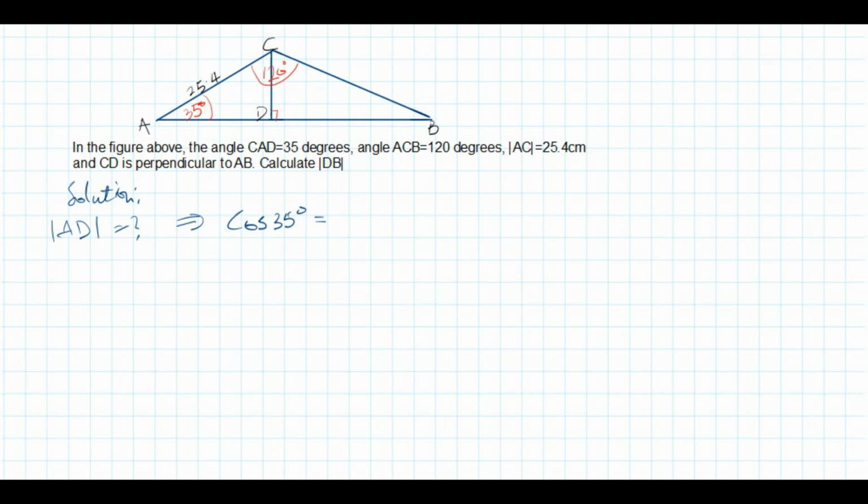Our adjacent AD, which is what we are finding, we don't know, but we know our hypotenuse to be 25.4. So we make our adjacent the subject, which is x.